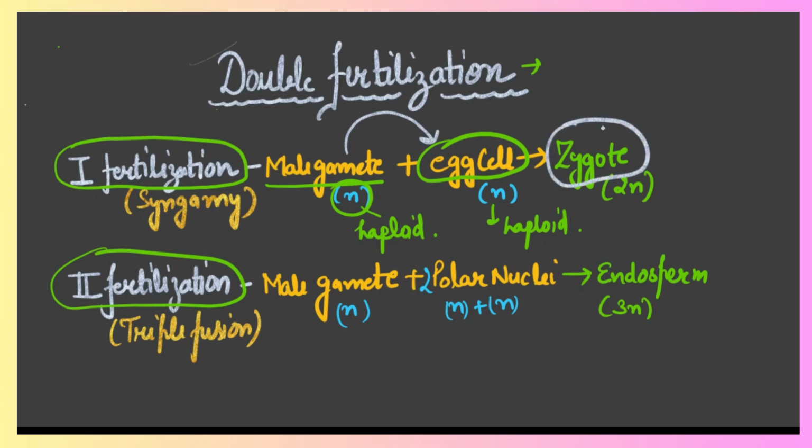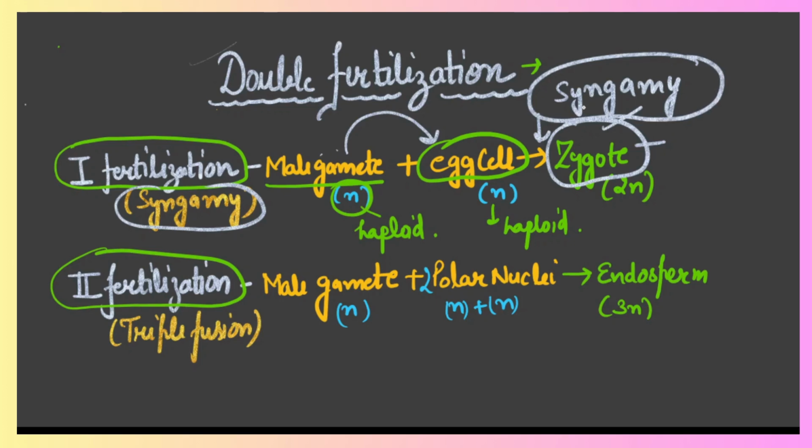This is very important: in the first fertilization, the male gamete fuses with the egg cell and forms the zygote. By which process? The syngamy process. So this process is called syngamy.